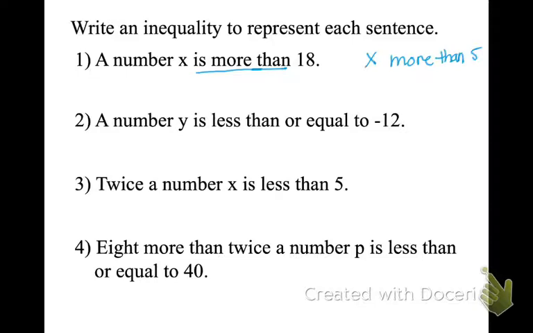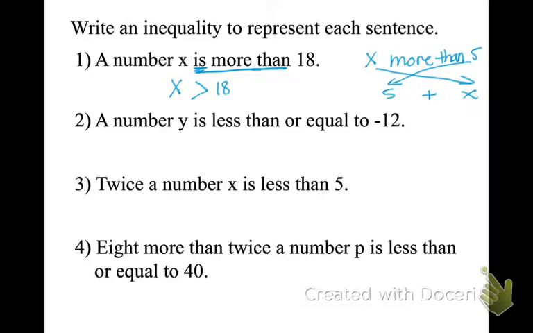When you just see more than, it means the terms flip places, and this is a plus sign. But when you see a number x and they say is more than, that signifies the greater than sign, 18. And that's because of this is, which signifies the result. Usually that's our equal sign, x is more than 18. Okay, pause the recording.